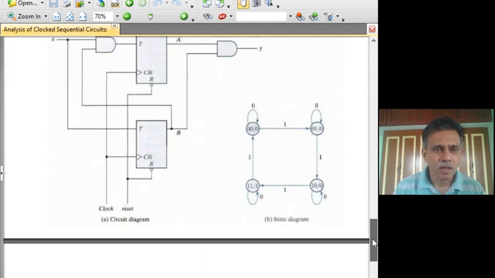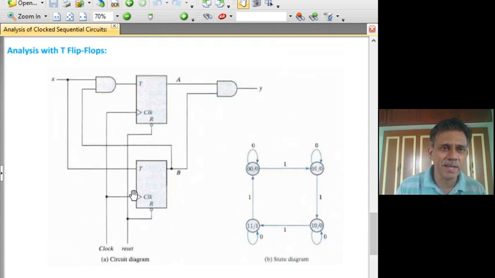Next, regarding the B flip-flop, it is simple because the T input can be easily calculated. TB is nothing but X. What does it mean? In a T flip-flop, when T is 0, the flip-flop does not change. When T is 1, the flip-flop toggles.